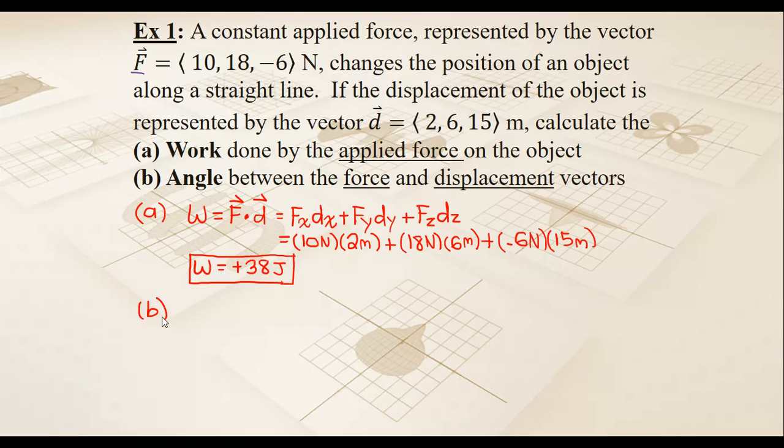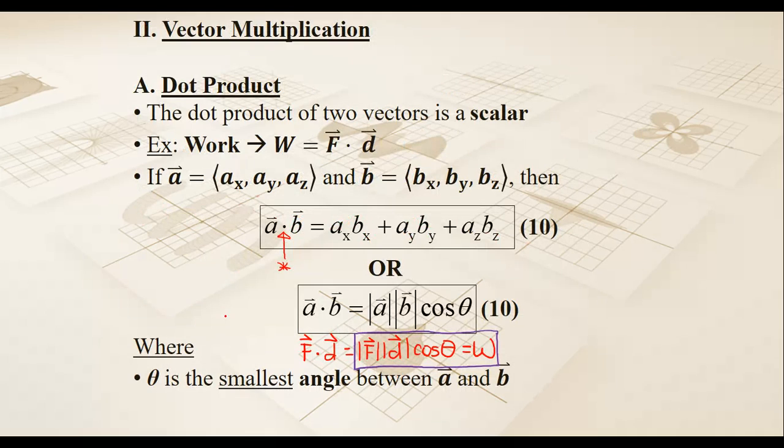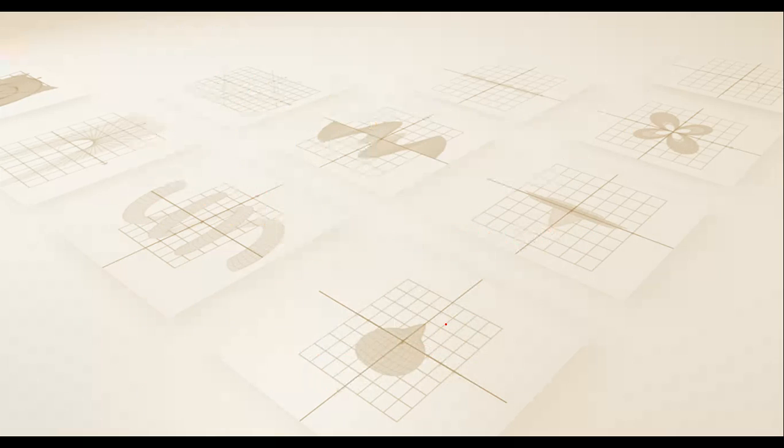We can use our other equation to do this. We can also write the vector dot product as the magnitude of the two vectors times cosine of theta.